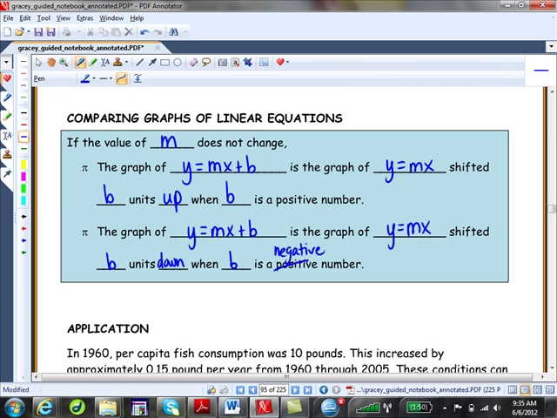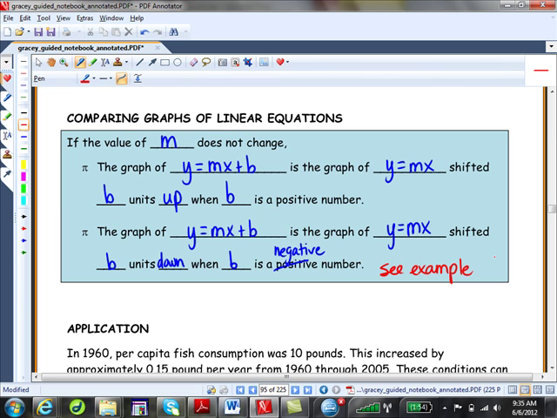Okay. And then let's look at an example for this. Do you guys want b to be positive or negative? Okay, we'll do negative. So see the example. Which example was that?